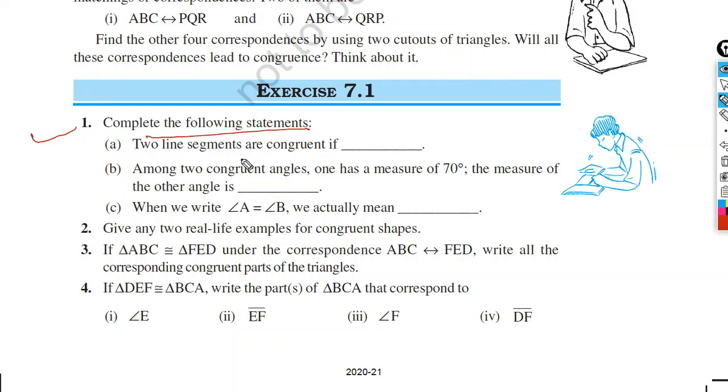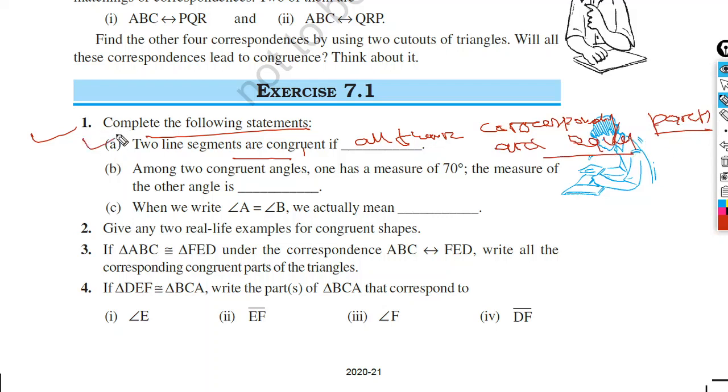Two line segments are congruent if what? If all their corresponding parts, meaning sides and angles, are equal, then only two, oh sorry, it's line.